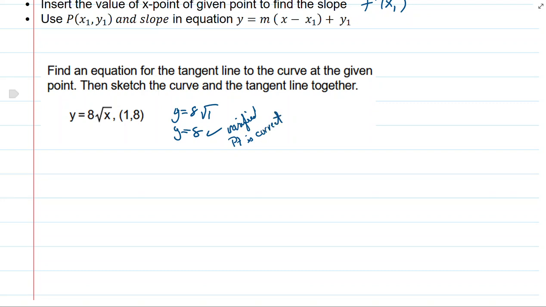Our next step is to take the derivative. And that means that the slope is the limit as h approaches 0 of f of x plus h minus f of x, all over h. So here we go.